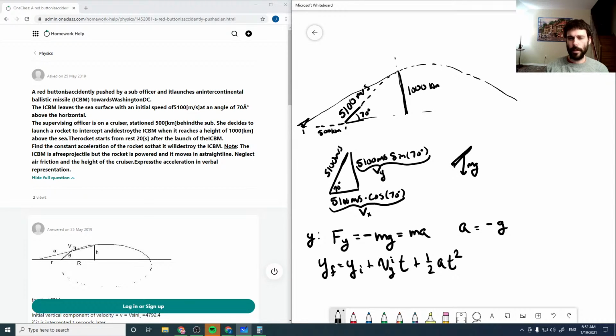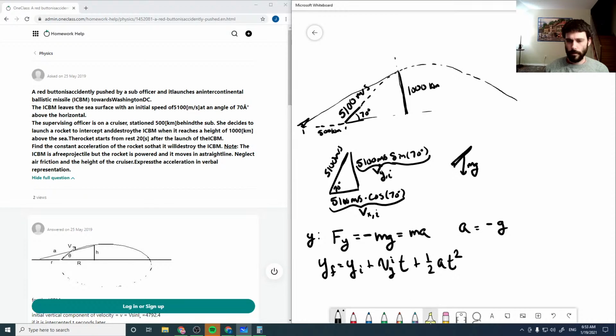And we have our initial velocity here, so maybe I'll put a little i on these guys just for the sake of not messing up or not having it be too confusing.